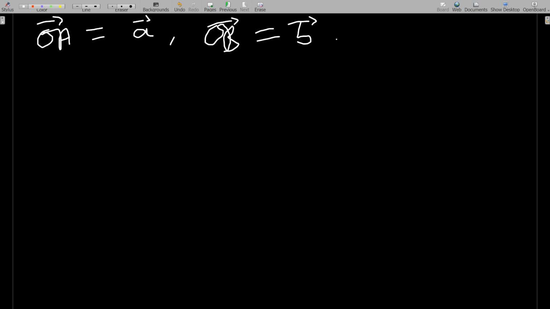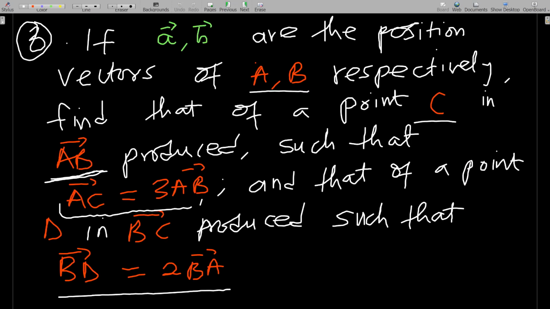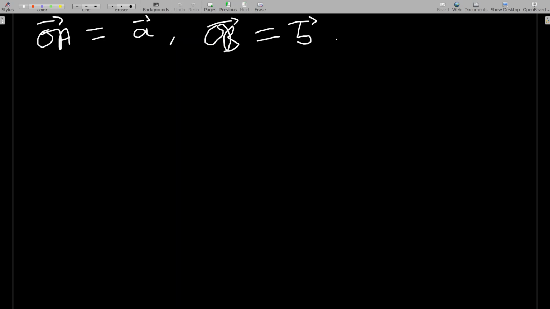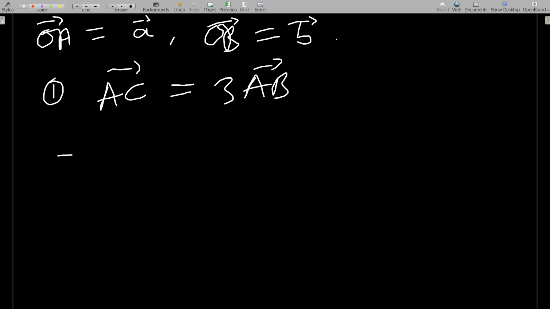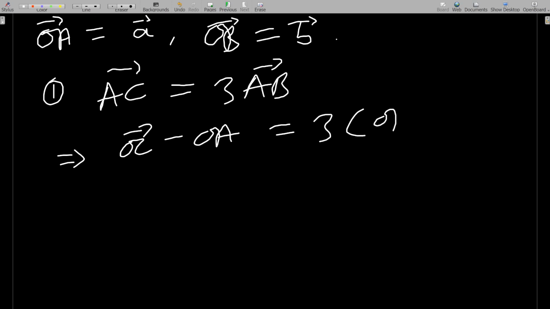Now our task is to find a point C produced on AB such that the relation AC equals 3AB holds. This will imply that OC minus OA is equal to 3 into OB minus OA, because AB can be expressed as OB minus OA, and AC can also be expressed this way.